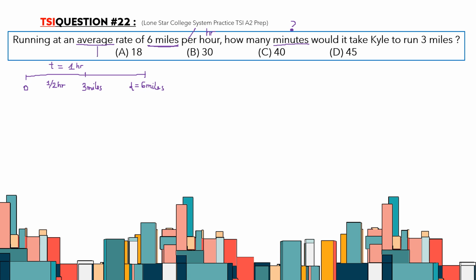And because this is the average, we can use that common sense, okay? And also, the question is asking for how many minutes, not hours. So we have to convert 1.5 hours as 60 minutes divided by 2. 1 hour is equal to 60 minutes, right?